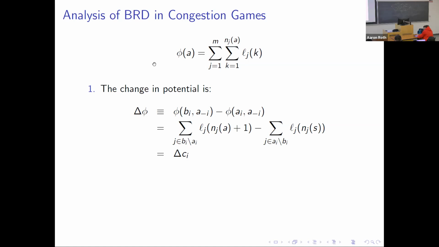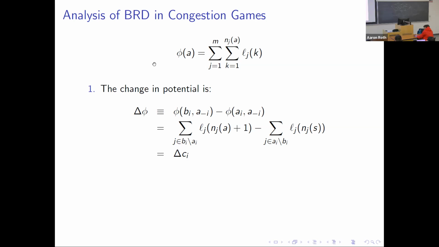The only facilities whose contribution to the potential is going to change are those facilities such that the number of players playing on them has changed. Okay? So again, there's two kinds of facilities like that.